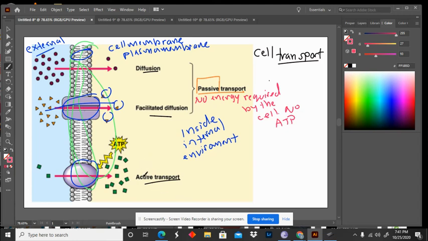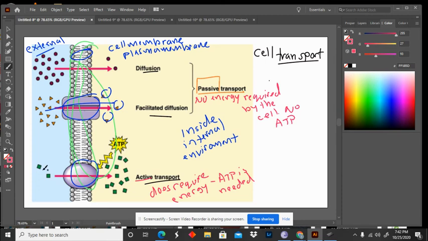Now let's go to active transport. I think if you understand why it's passive, active does require energy. ATP is needed. So in active transport, the cell has to use energy in order to move things into itself. If you see right here, this is low concentration and this is high concentration.